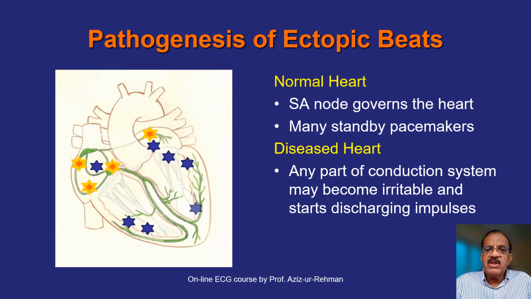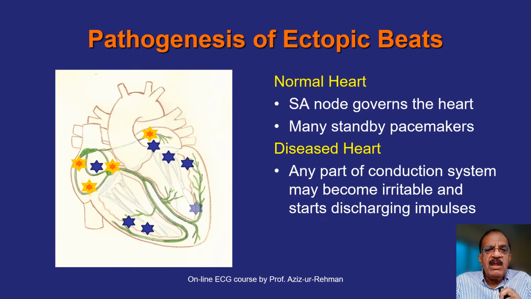But in the diseased heart, with any kind of heart disease like ventricular hypertrophy, ischemic heart disease, cardiomyopathy, or some toxic cardiomyopathy, it is usually a part of the conduction system, not the normal myocardium. So any part of the conduction system may become autonomous, may become irritable, like this one is irritable.